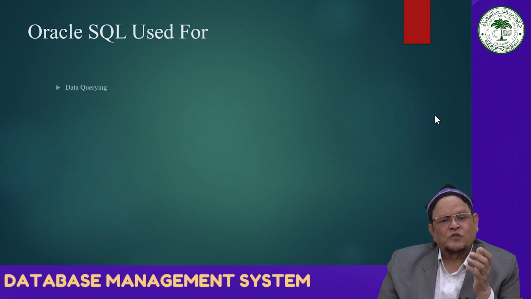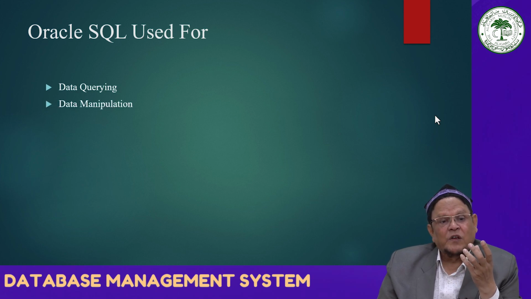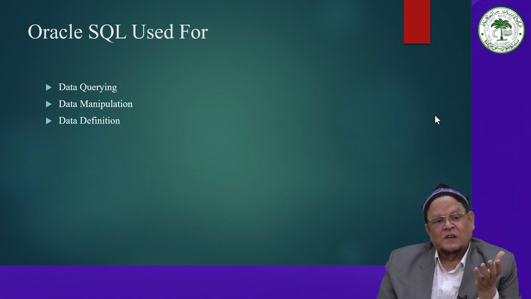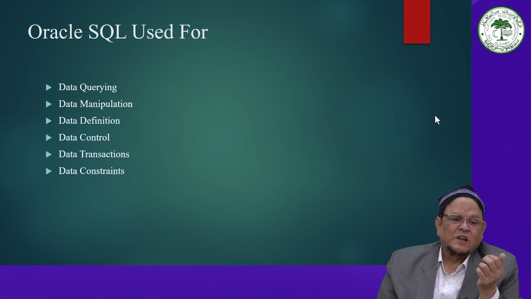Oracle PL/SQL is used for querying, for solving complex queries; you have to use data query. In the query, you have to use data manipulation, data definition commands, in the same way data control is also there, data transactions, and next is data constraints.